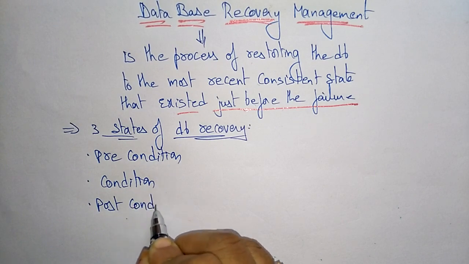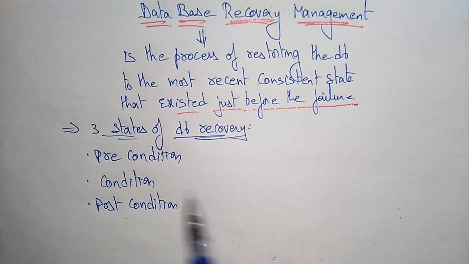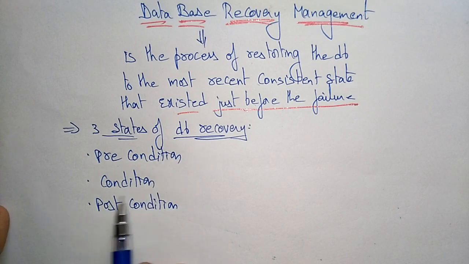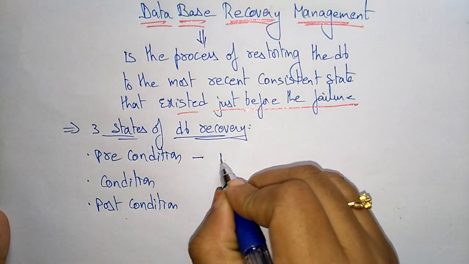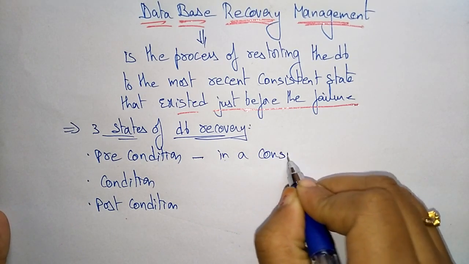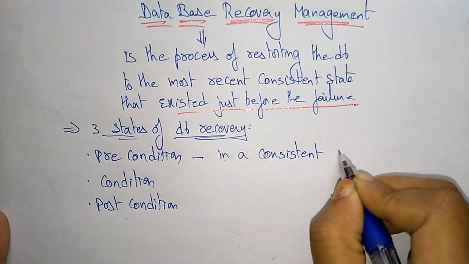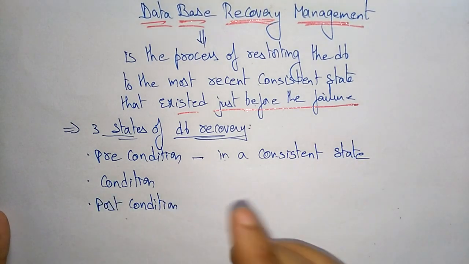Whatever database you created, it will be in one of these three states, and then you can recover your database. Precondition means at any given point in time, the database is in a consistent state. If a database is in a consistent state before the failure, that data will be stored. So that is a precondition.